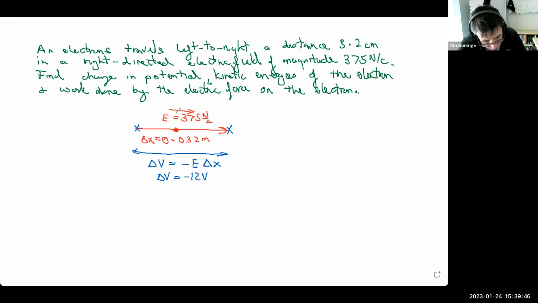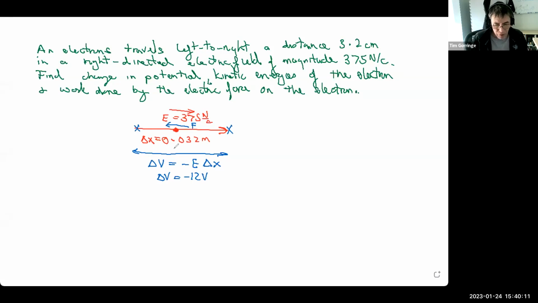The other thing I wanted to note on the plot is the force on the electron. Because the electron's negatively charged, the force is opposite the direction of the electrical field. When you have a positive charge, the force is in the direction of the electrical field. When you have a negative charge, the force is opposite the direction of the electrical field.